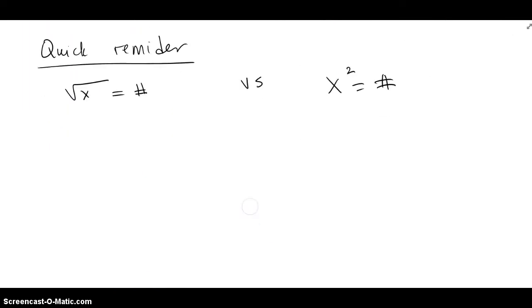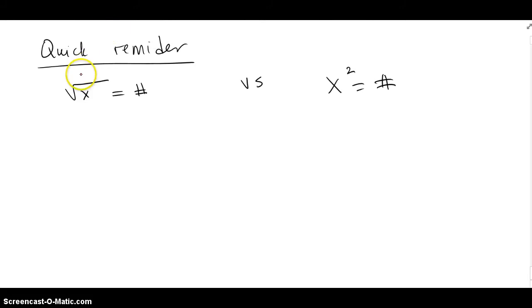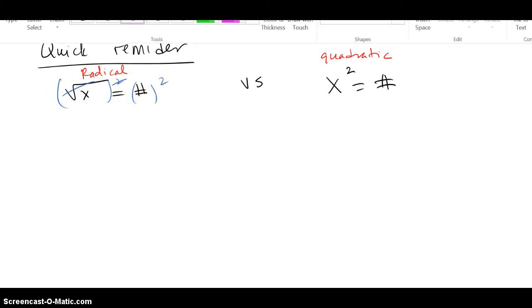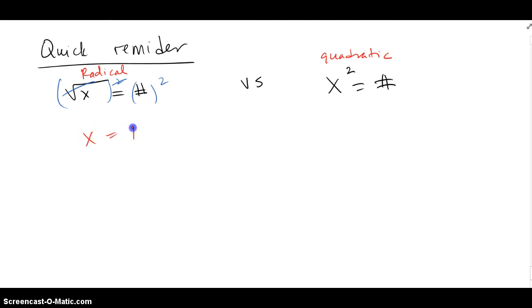I want to give you a quick reminder at the end of the section about radical equations and quadratic equations, because we looked at both in this section. Please don't confuse the two. If there's a radical involved, you're going to square both sides to get rid of the radical, so you'll end up with x equals whatever that number may be.